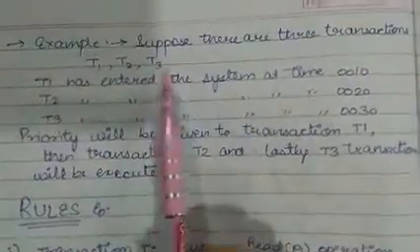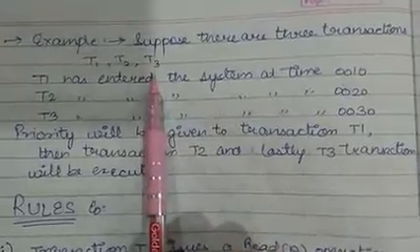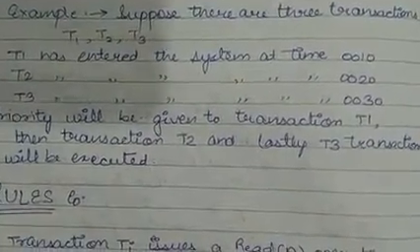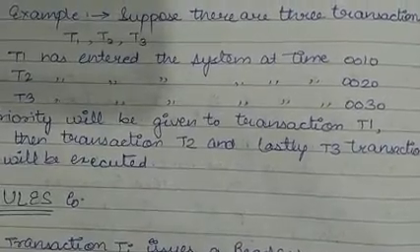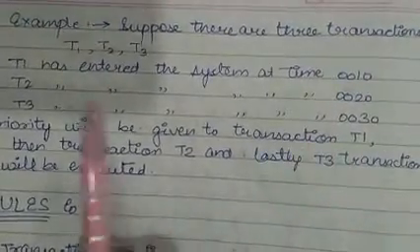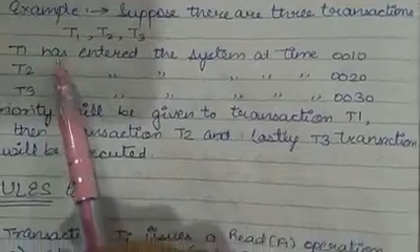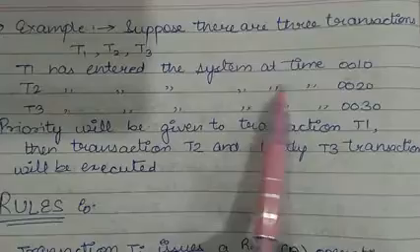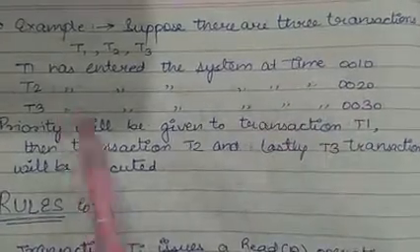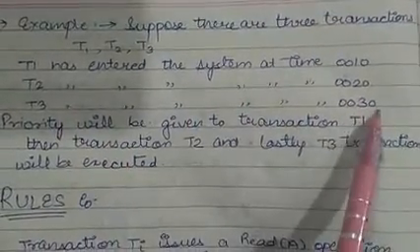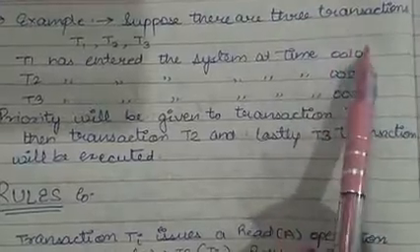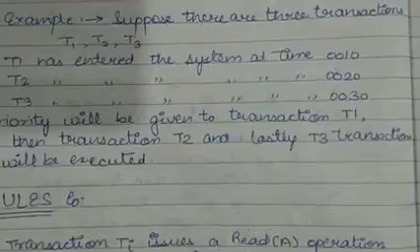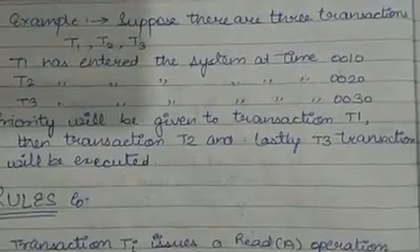Here is an example of how I'm going to consider the priority of these transactions. I have three transactions named T1, T2 and T3. T1 has entered the system at time 0010, T2 has entered the system at time 0020, and T3 has entered the system at time 0030. So this is the oldest transaction or the first transaction which came into the picture in the schedule.